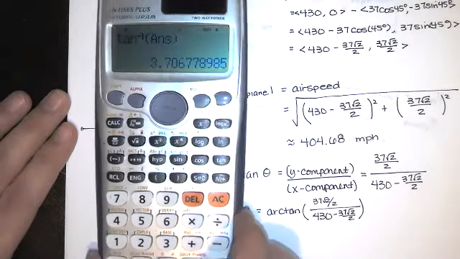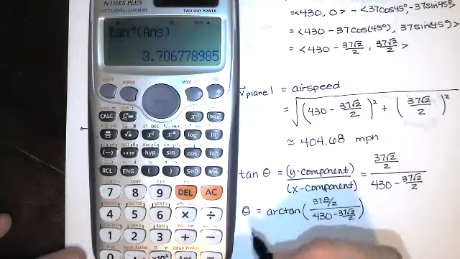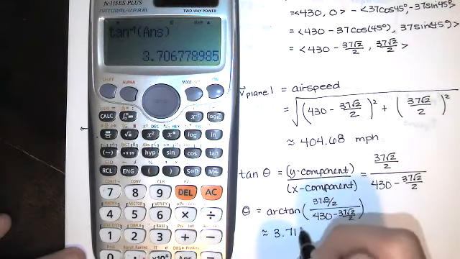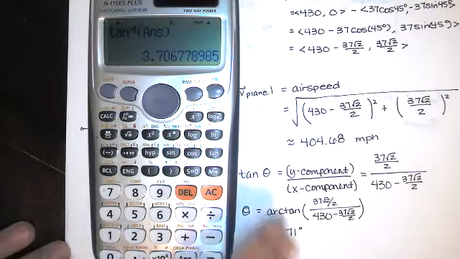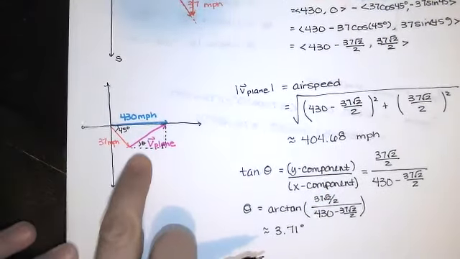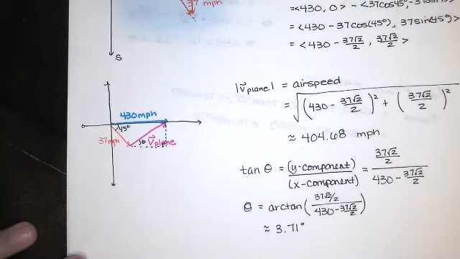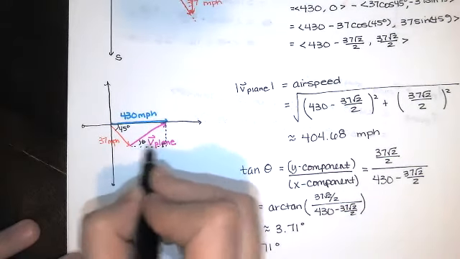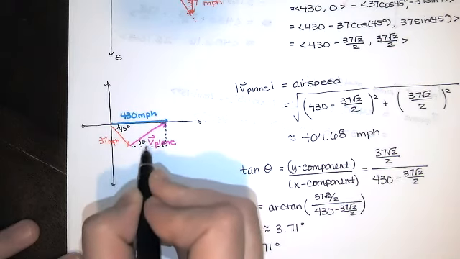And that's equal to approximately 3.71 degrees, and that's from the horizontal. So we might say that this is 3.71 degrees north of east, because if this is east and we're going north of that, that's north of east.